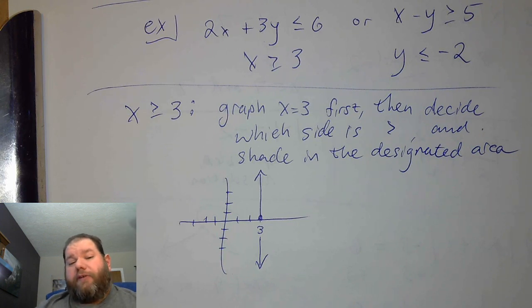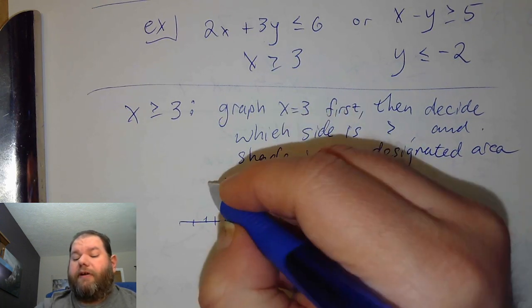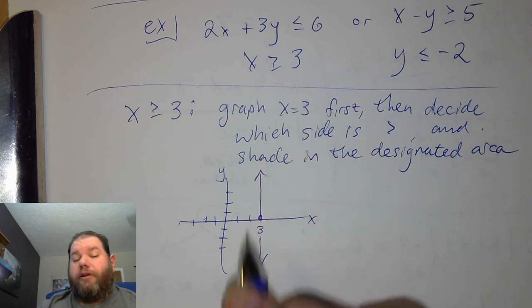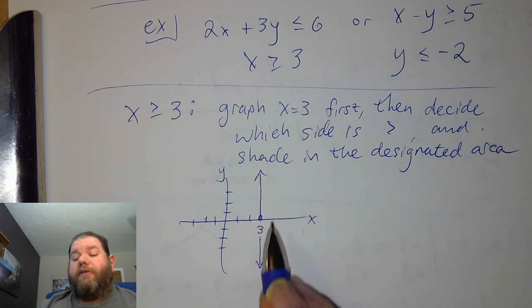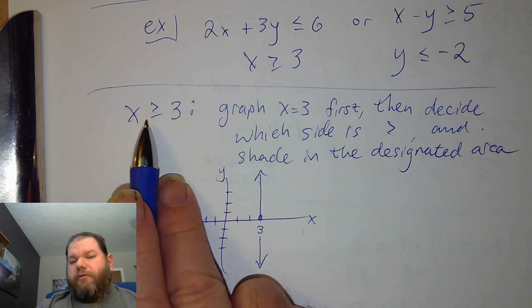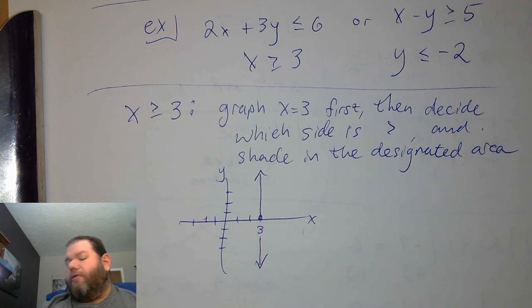So the way that we graph x equals 3 is we find 3 on the x-axis, so that's x and that's y. We found 3 and then drew our vertical line there. That's x equals 3. That's what this line represents. Greater than or equal to 3, we'd want to shade to which side?